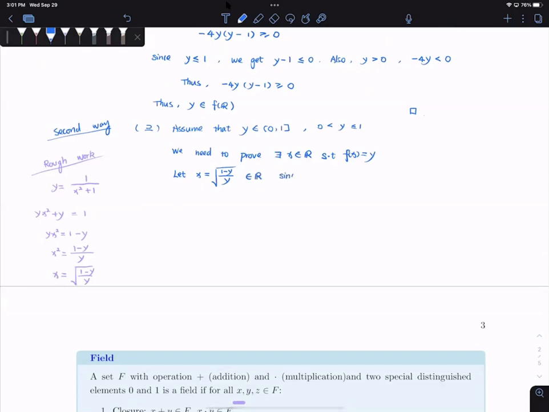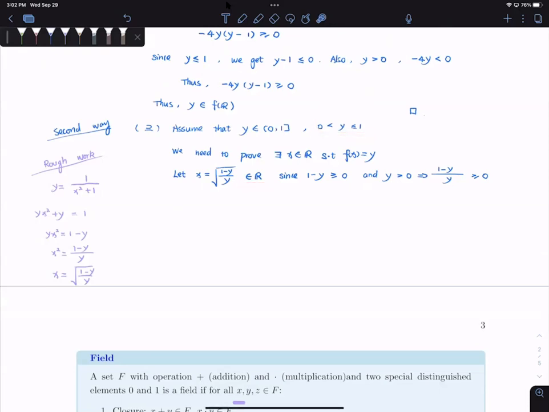Because 1 minus y is greater than or equal to 0, and y is greater than 0. So the fraction is going to be greater than or equal to 0. Based on the interval, exactly. So I know it's a real number.